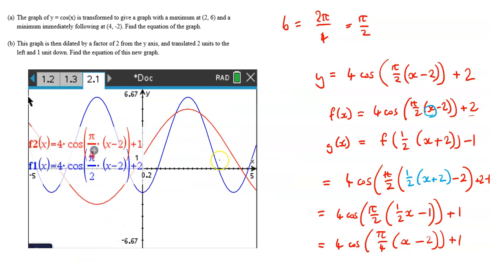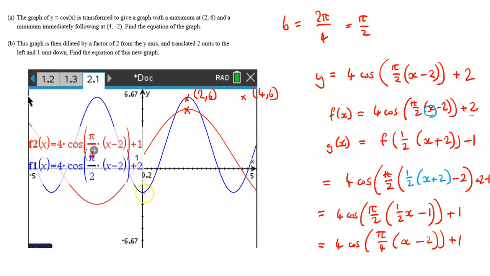And I just thought it'd be worth looking at this so we can see how it does indeed work out. So we had our maximum point here, 2, 6. That would have been dilated by a factor of 2 from the y-axis, so it would have gone over here to be 4, 6. Translated 2 to the left, it would be back to 2, 6, and 1 unit down, and it would indeed put us there on 2, 5.